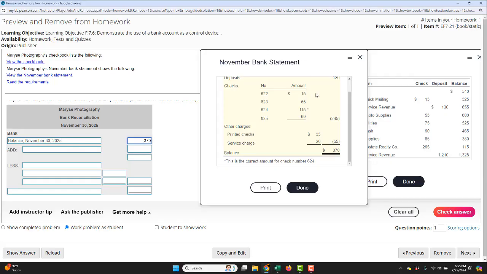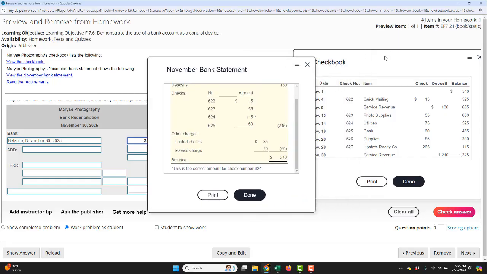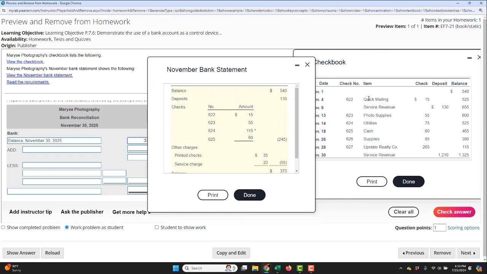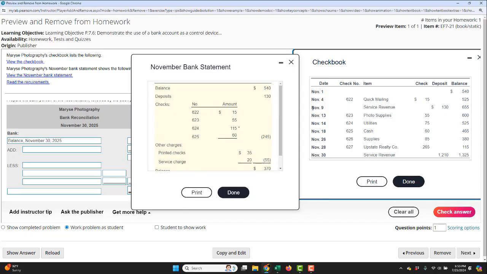Okay, so now what we're going to do is focus on what is in the checkbook, but not in the bank statement. So let's compare. You can see, for example, in the checkbook, we have this November 9th deposit, and you can see this deposit is reflected in the bank statement.